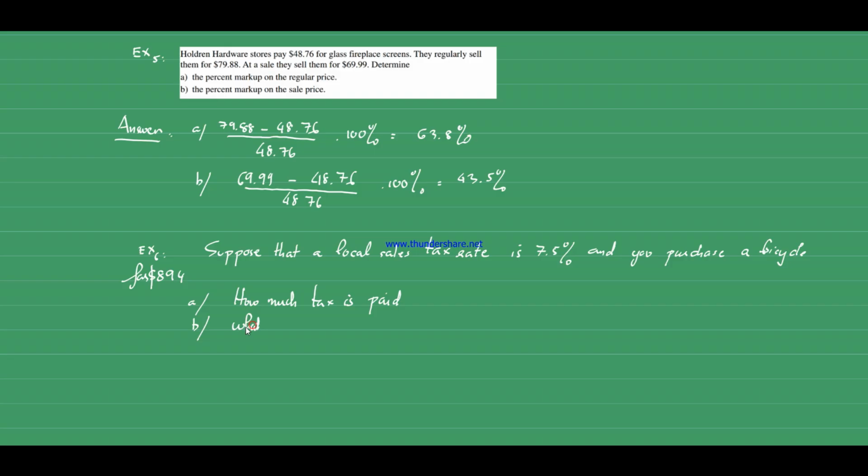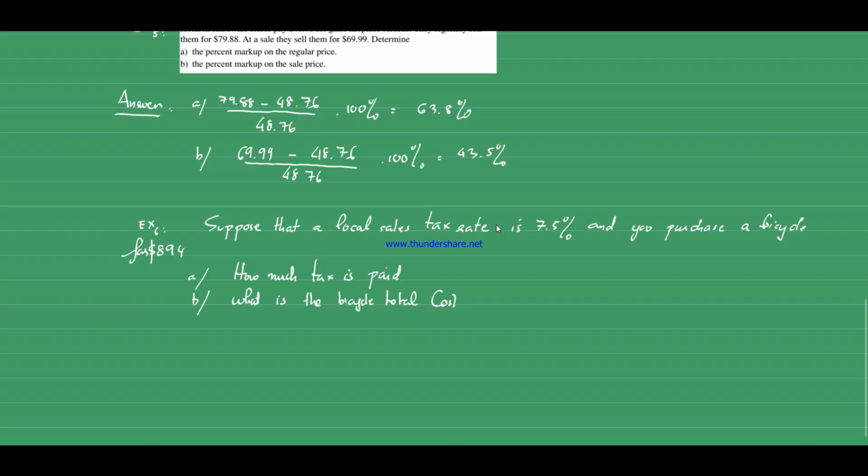So after you calculate the tax you had to pay, you add it up with the original, and that gives you the total price you had to pay. Part B, the bicycle total cost. Okay, very easy problem there. Okay.